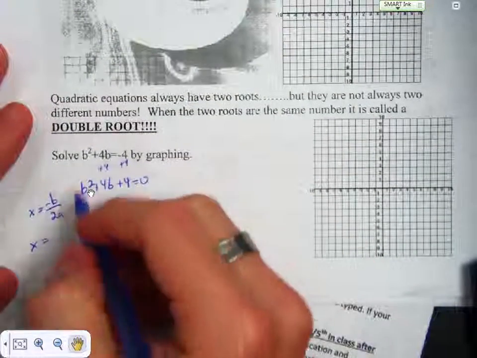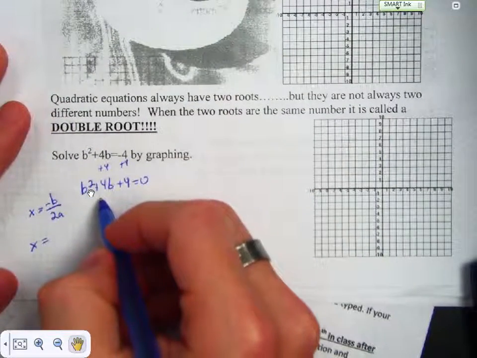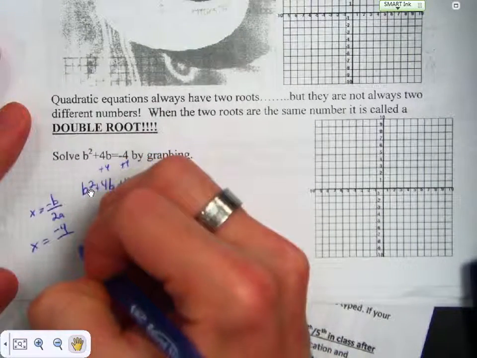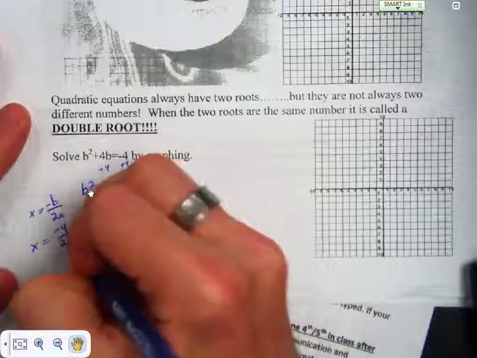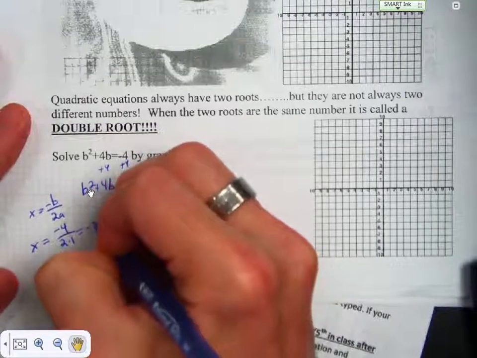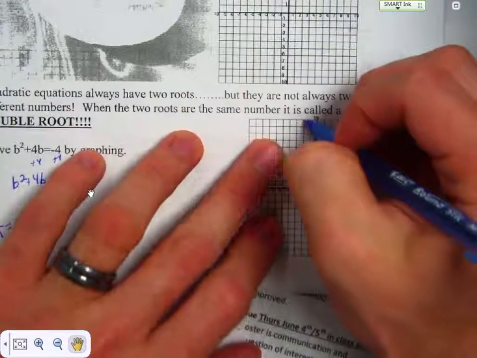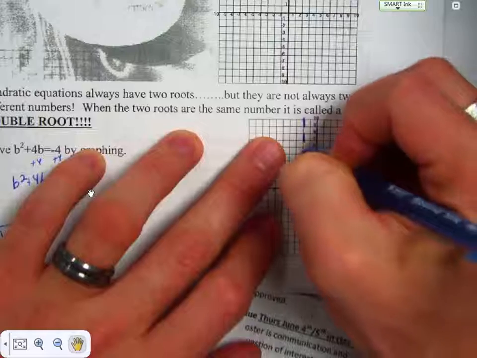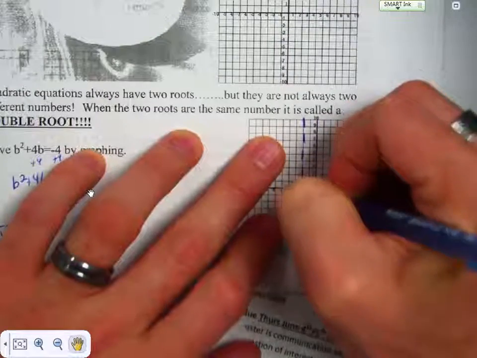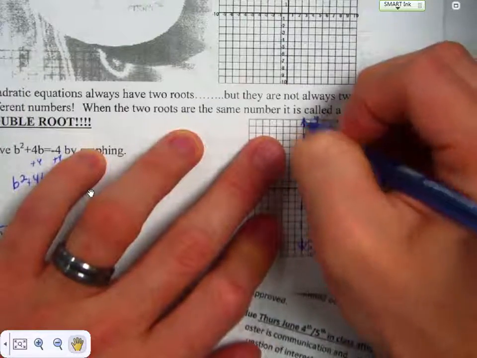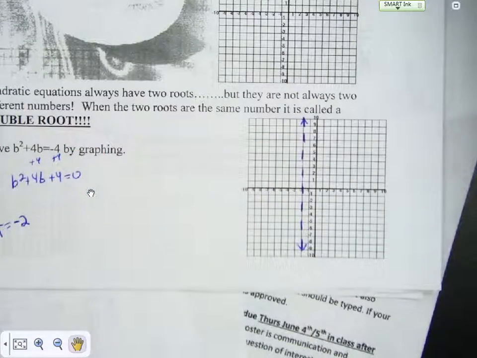The opposite of b is 4. The opposite of that is -4. Divided by 2a, that's 2 times 1. So we get -2. So you put an axis of symmetry at -2. This is going to cut my parabola in half.